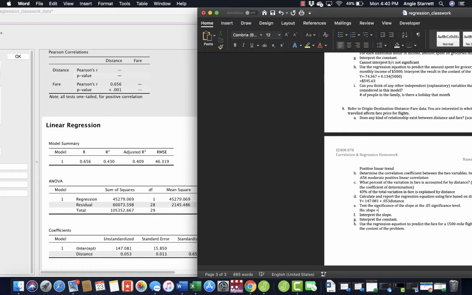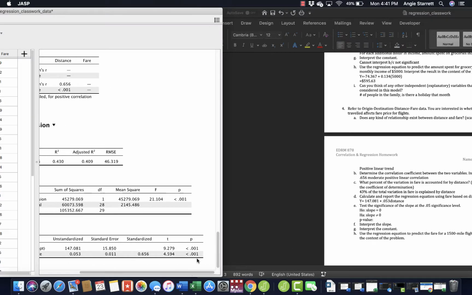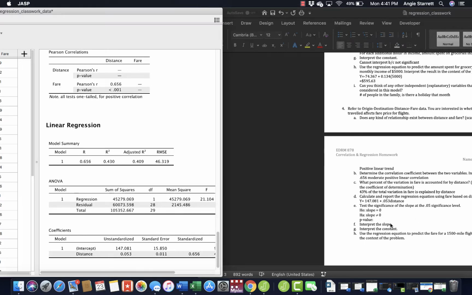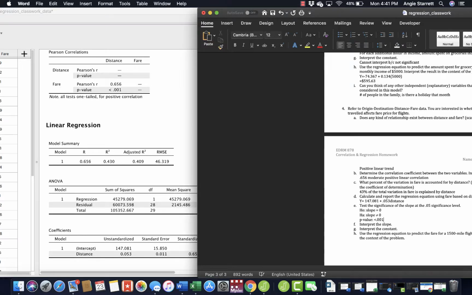So a null of slope equals 0 versus an alternative of slope not equal to 0. We get a p-value of less than 0.001. So we reject the null. Conclude the slope is significantly different from 0.